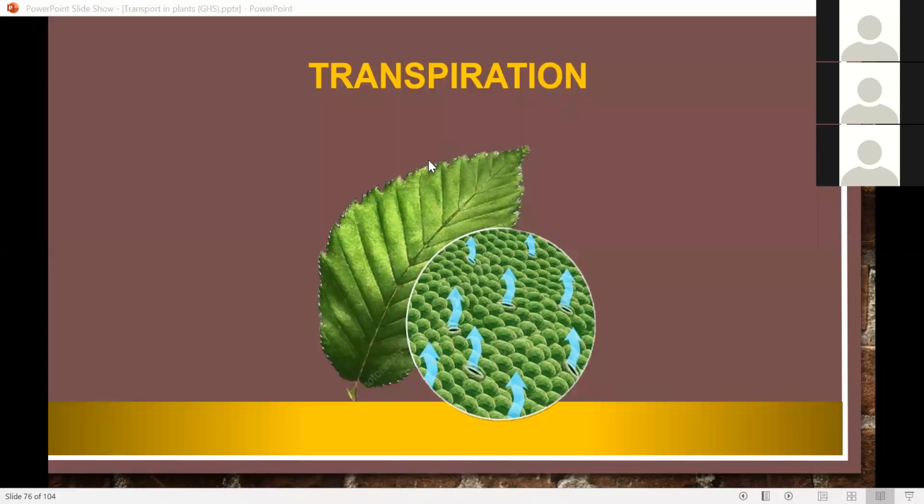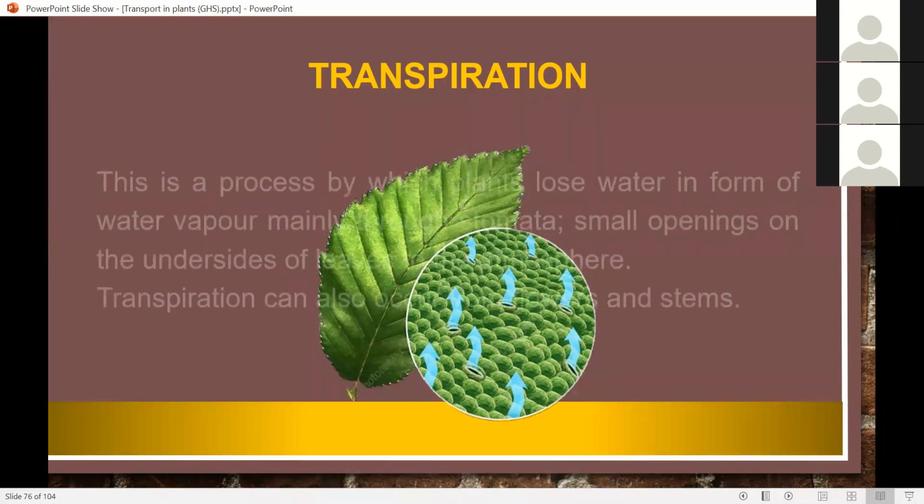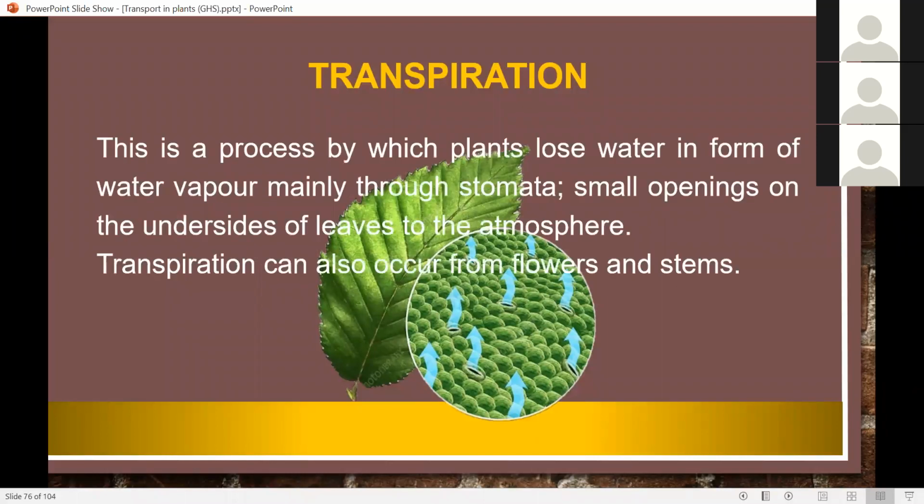On Tuesday, we introduced ourselves to transpiration, and we said that transpiration is the process by which plants lose water in form of water vapor, mainly through the stomata, which are always beneath or on the undersides of leaves.